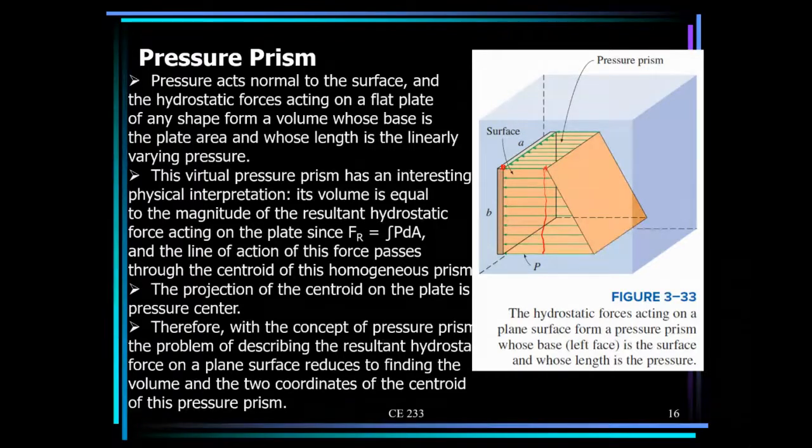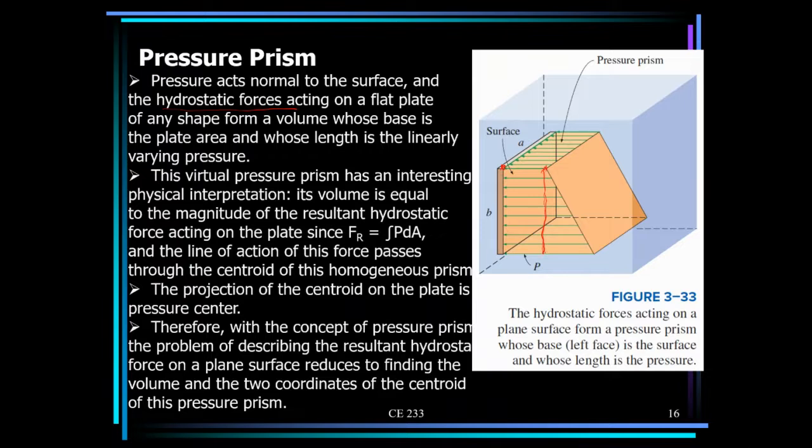So now, in this case, this is the pressure acting on the area AB. The pressure acts normal to the surface, and the hydrostatic forces on a flat plate of any shape form a volume whose base is the plate area and whose length is the linearly varying pressure.